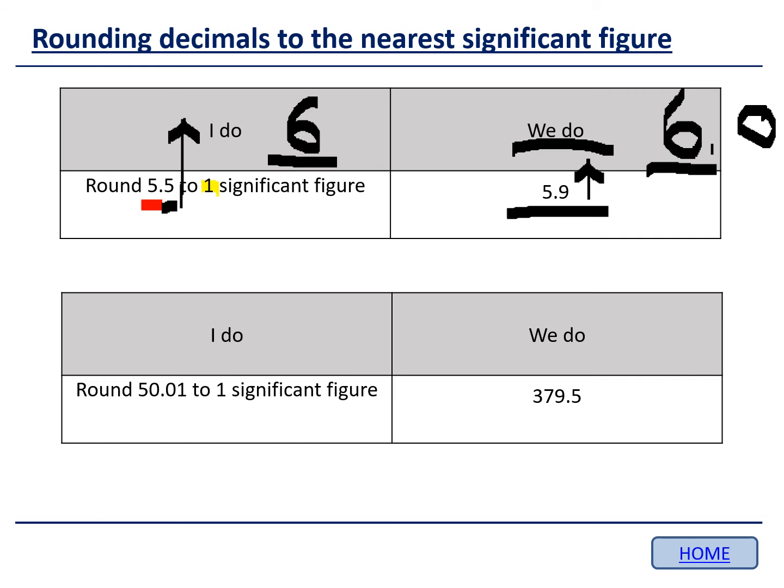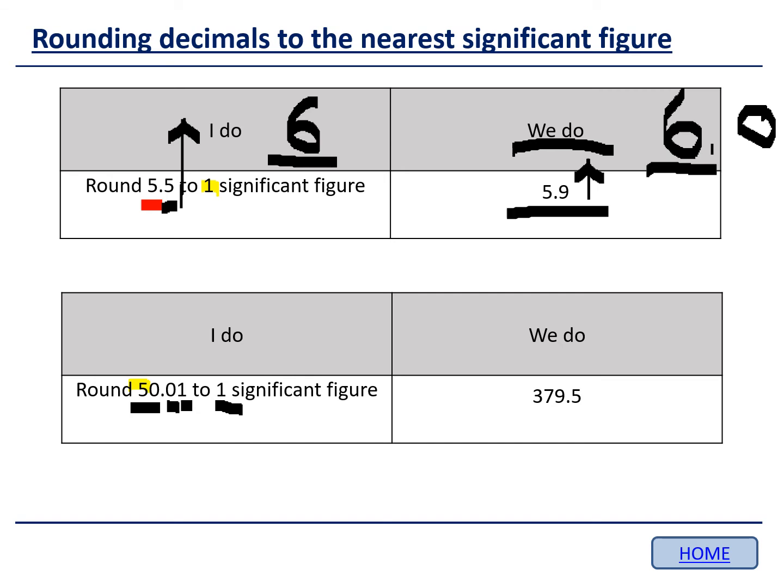Round 50.01. So here we have more place values. Okay, we've got our 50 whole number, we've got our tenths, and we've got hundredths here. So it's still asking me for 1 significant figure. So I'm still concentrating on that first digit, which is that 5.